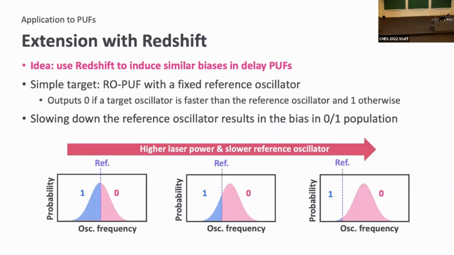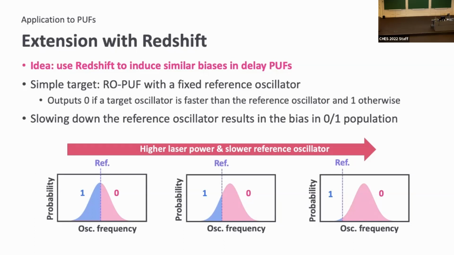A simple target is a ring oscillator PUF with a fixed reference oscillator. For each target oscillator, the PUF compares its frequency with that of a reference oscillator, and the PUF outputs 0 if the target oscillator is faster and outputs 1 otherwise.